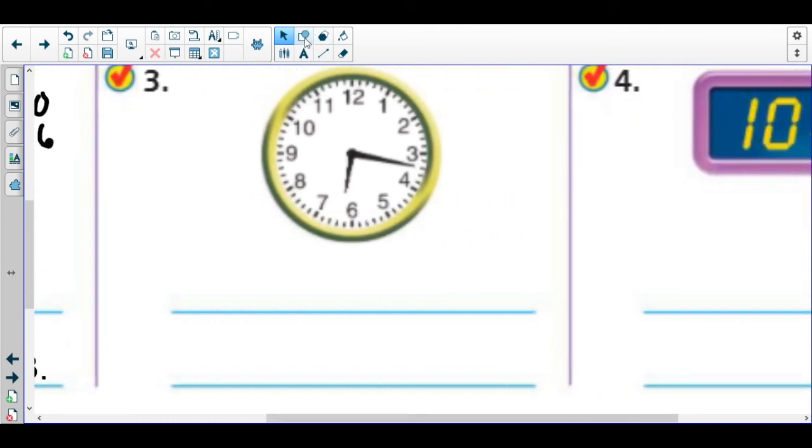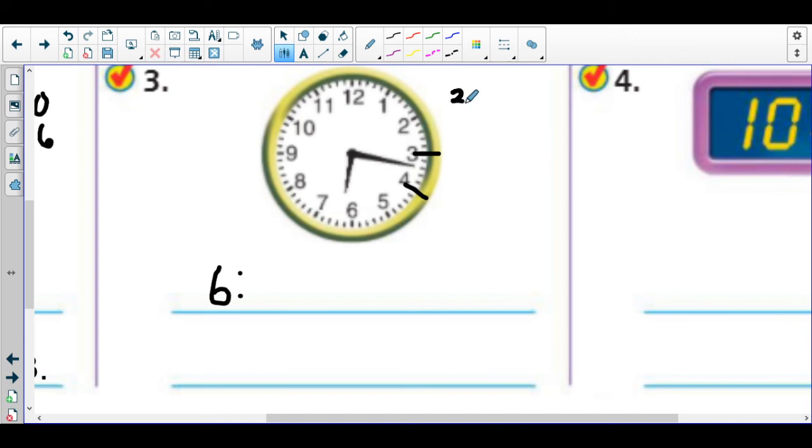Let's look at the time. Well, the first thing I'm going to do is look here at the hour. All right, it is between the 6 and the 7. All right, so it is after 6 o'clock, but not quite yet to the 7. I'm going to look at the fact that this minute hand is after the 3, but not quite yet to the 4.